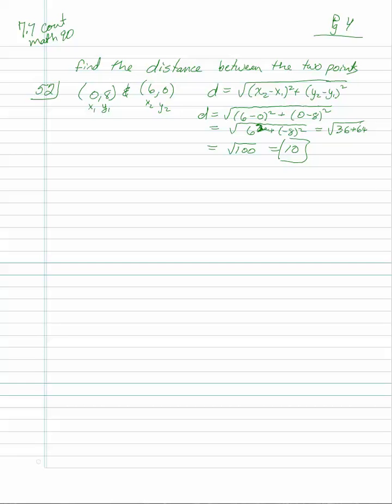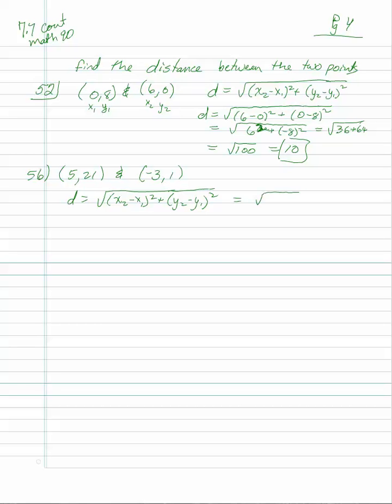Now let's try another one. How about 5, 21 and negative 3, 1. So we're going to subtract the x coordinates, square it, plus subtract the y coordinates, square it, add them together, and then square root it.